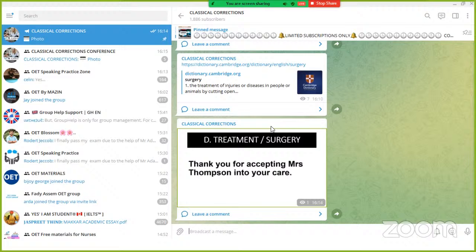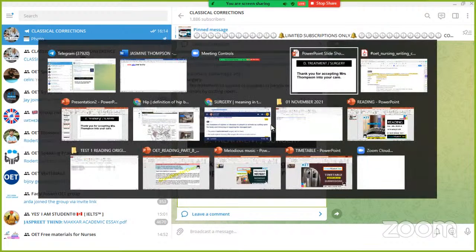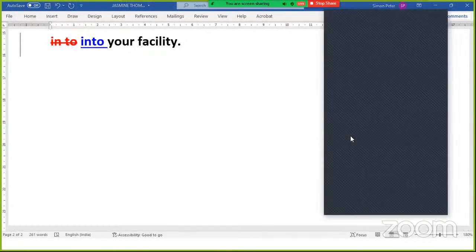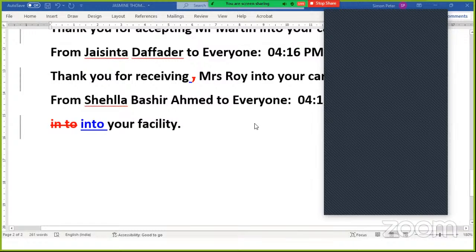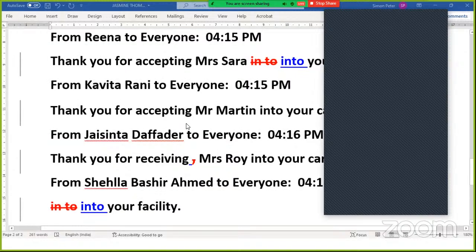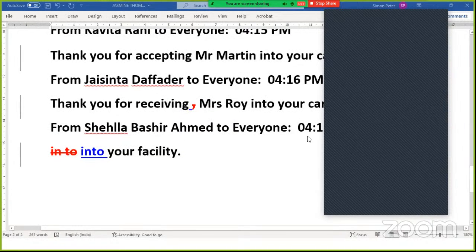Now we are going to join these two sentences together. Okay, only one is remaining. So, Jacinta, what happened here? We missed something. Thank you, Kavita Rani, Jacinta, Shehla. Okay.